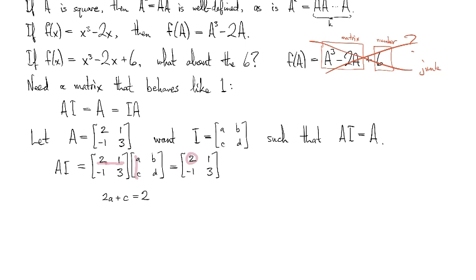And similarly, we have 2b plus 1d is going to give us 1, and minus a plus 3c is equal to minus 1, and minus b plus 3d is equal to 3.